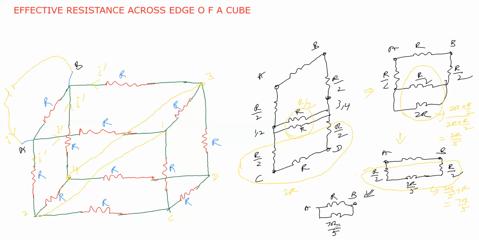So in parallel combination, the effective resistance we get is 7R by 5 into R divided by 7R by 5 plus R. So by simplifying, we will get 7R by 12.